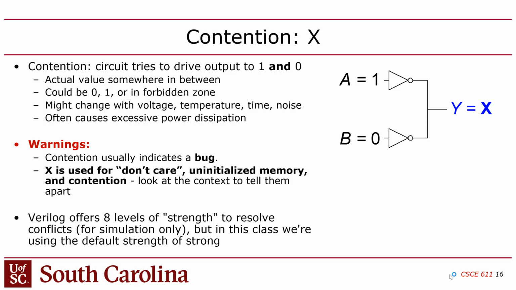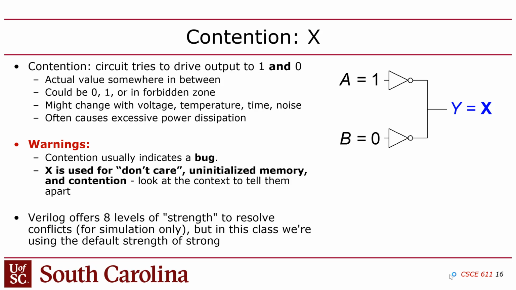Now you might say, okay, then how do I know the difference? If I see an X, how do I know if it's a contention or a don't care? Well, it depends on the context. The only way it could be a don't care is if you set it to a don't care in your code. If you didn't write X to that in your code, then it must be contention, right? Or it could mean that it's coming out of a register that hasn't been initialized, which is another usage of X.